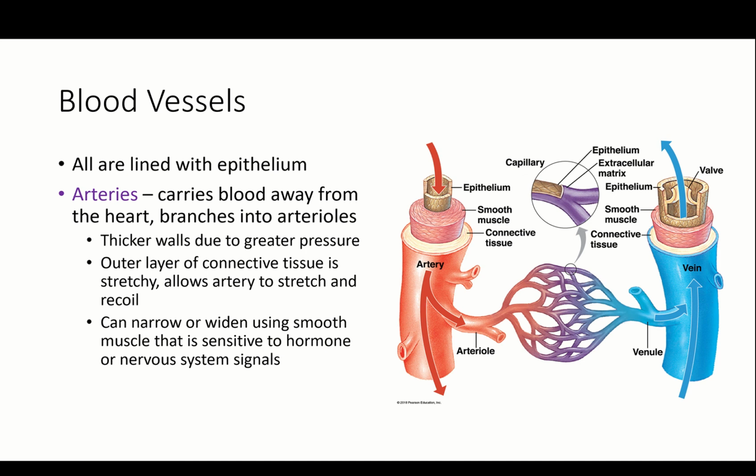The other thing is that we've got this outer layer of connective tissue that is very stretchy. This allows the muscle and the epithelium lining the interior surface of the blood vessel to stretch when blood is coming through, and then recoil, or snap back, when the blood has passed.